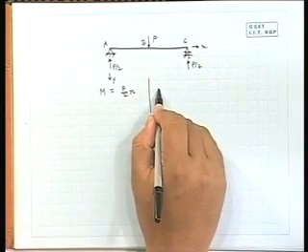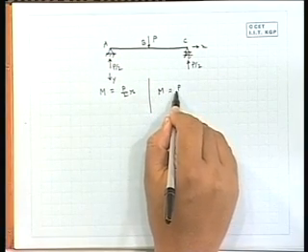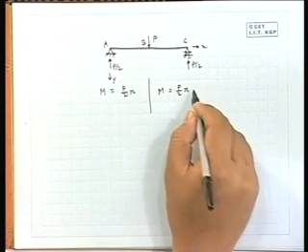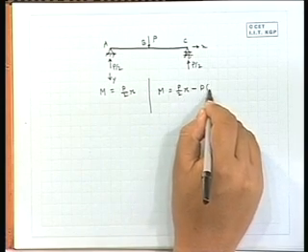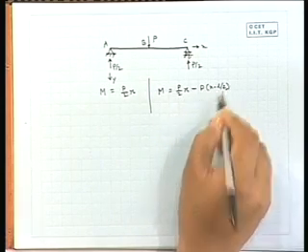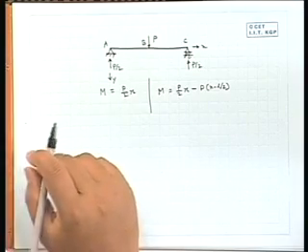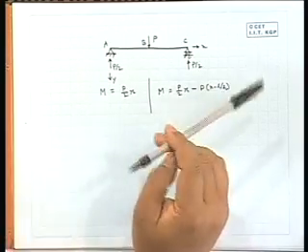For the right part it was P by 2 into x minus P into x minus L by 2, because only one load will generate some moment. So, P by 2 into that distance. If x is beyond that limit, here the total length is L and we have divided it into two parts, L by 2 and L by 2.